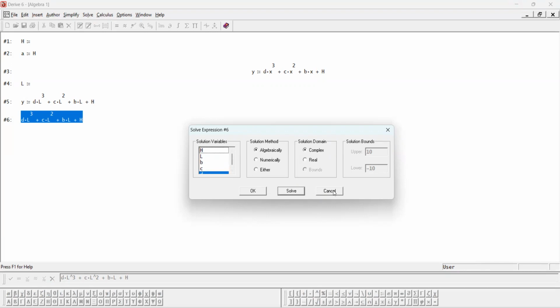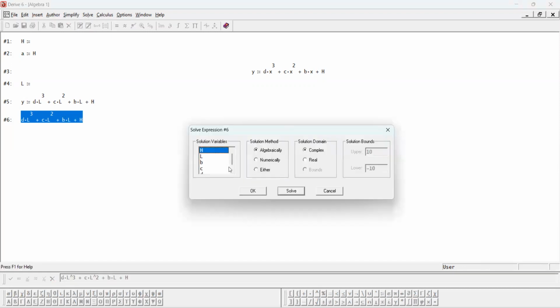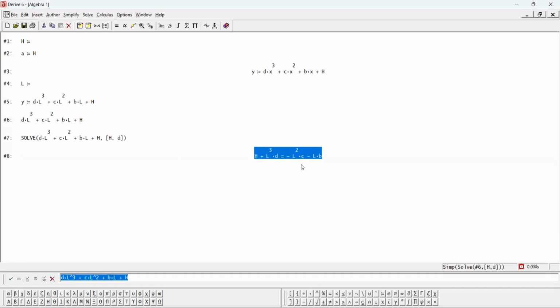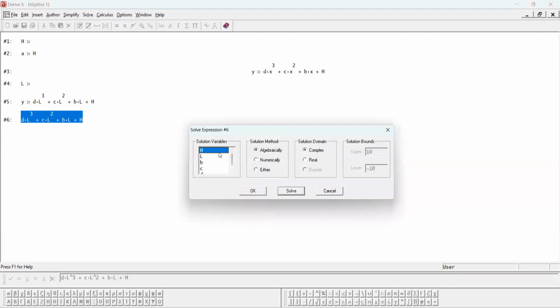So I can write from here, simplify, solve, expression for, I'm looking for d. We are looking for d only, just d.